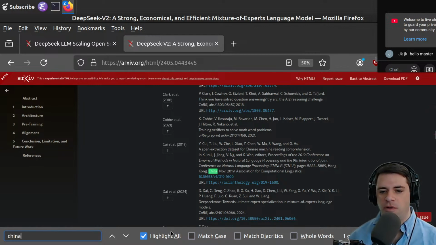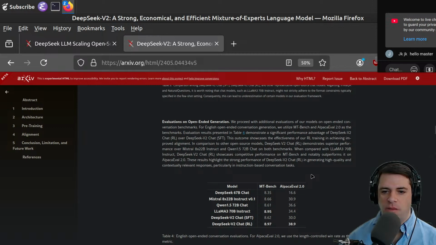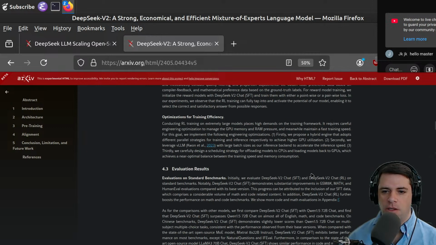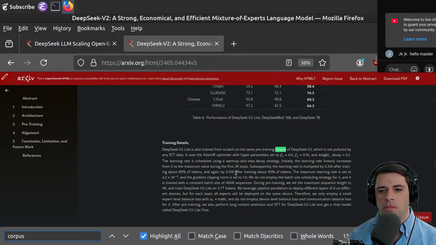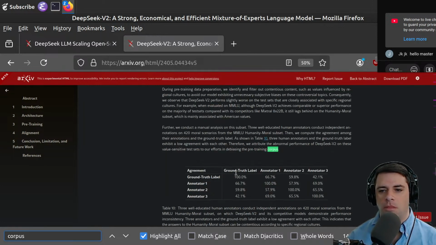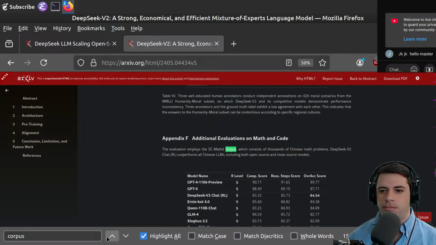It might not be this paper. I looked at a bunch of the papers. I think it is this version 2 paper, but I don't remember exactly where in the paper it was. But if I find it, maybe I'll... Wait, was that it? This is math problems.